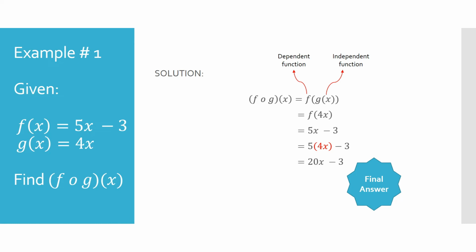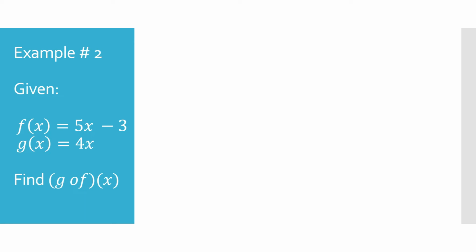Now let's have example number 2. The same given, we have f of x equals 5x minus 3 and g of x equals 4x. But this time, let us find g composed of f of x. Okay, so to solve this one, from the definition, we have g composed of f of x equals g of f of x.